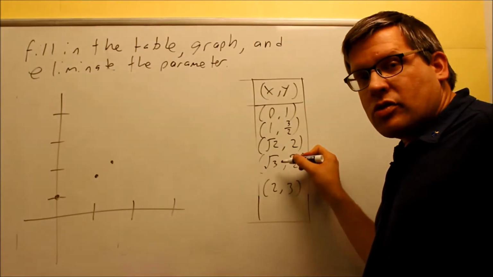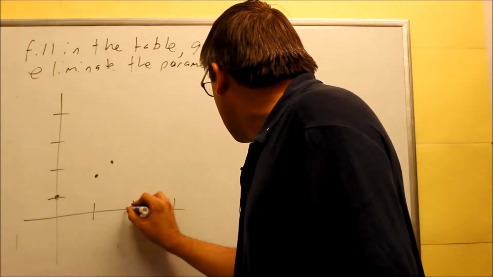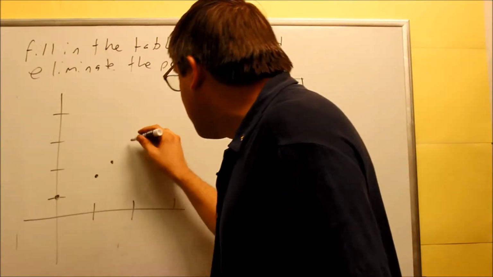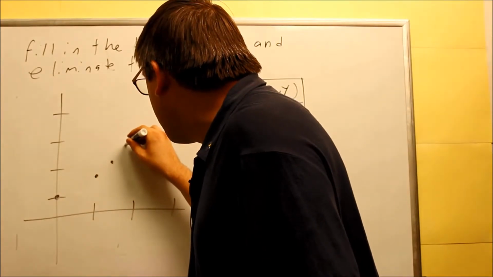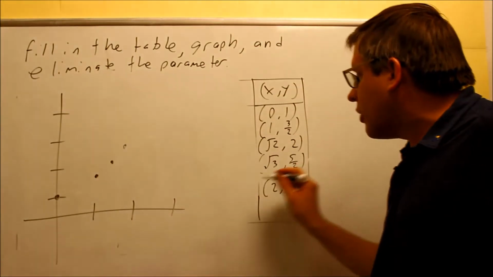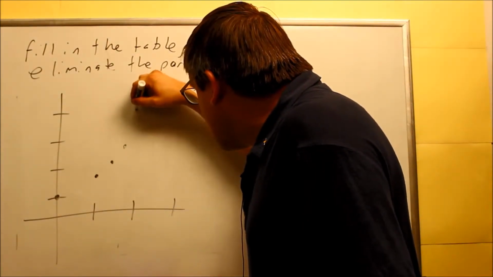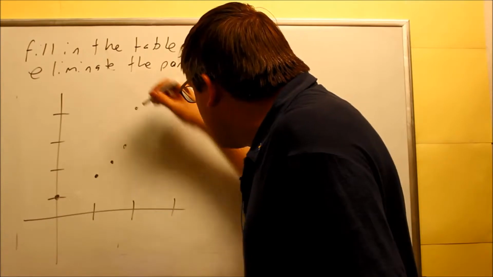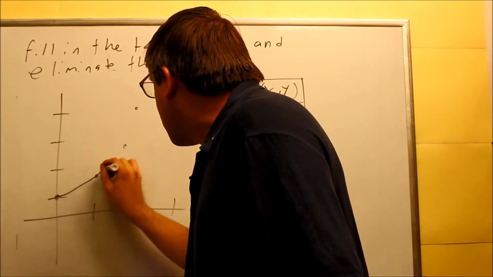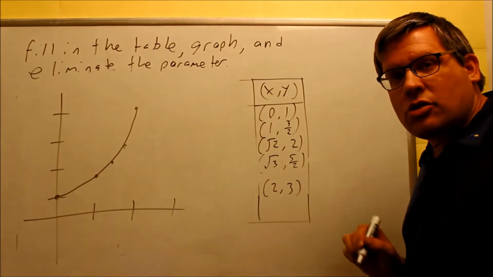Then I have square root of 3. Square root of 3 is 1.7. 1.7 is here, and 2.5 would be right there. That would be the y value, so that point's about right there. And then finally we have 2, 3. 2, 3 is here. So it looks again like it could be a parabolic shape, or it might even be exponential. We're not really sure until we actually eliminate the parameter.